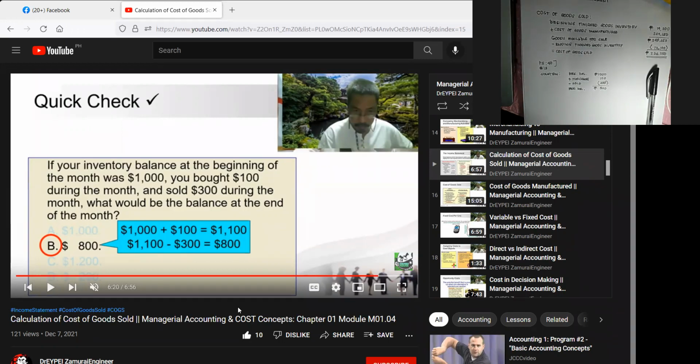Think properly. Very easy to understand. You have a beginning balance. You have to add all the purchases. If you buy something, you have to add. The reverse is negative because you have to subtract when you are selling. Purchasing and selling are opposite, so positive and negative are opposite.